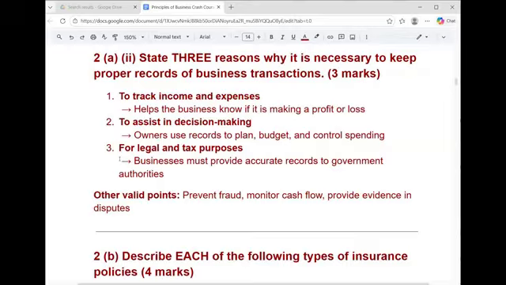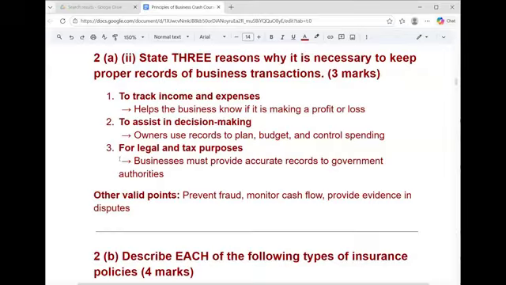For legal and tax purposes, businesses must provide accurate records to governmental authorities. When businesses start to produce a certain amount of profits and revenue, the government will tax them. Hence, proper records are vital because if they are correct, the business would be charged the right amount of tax.